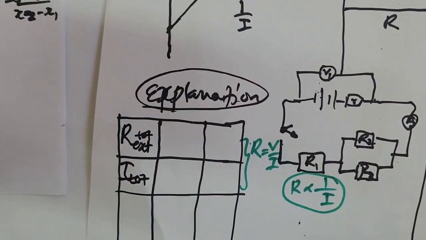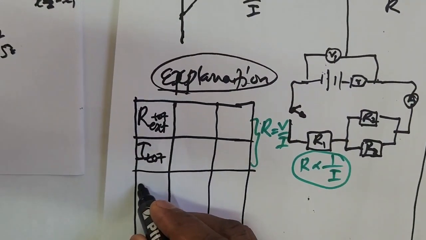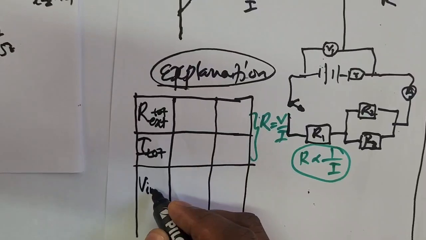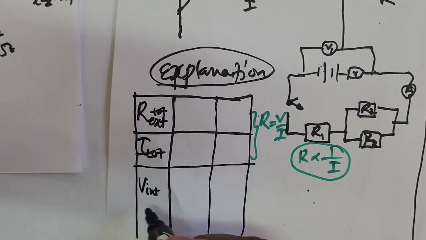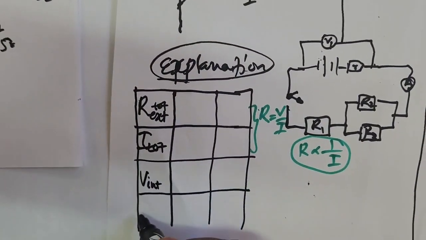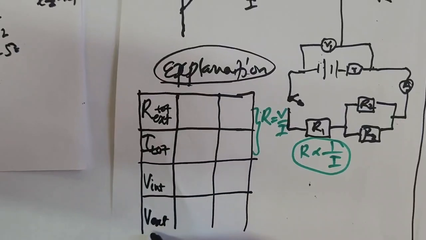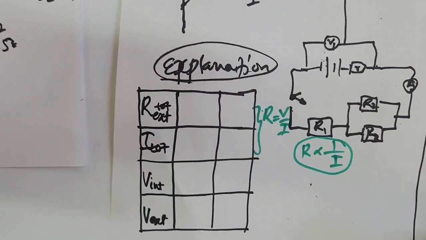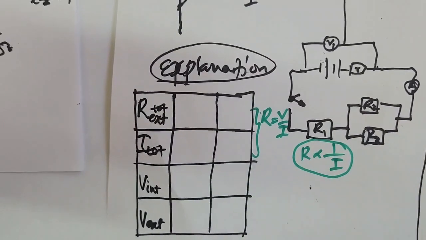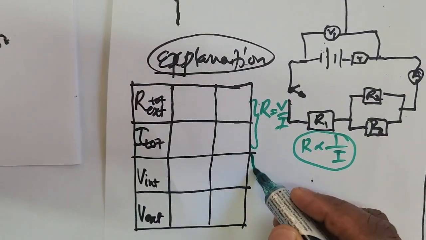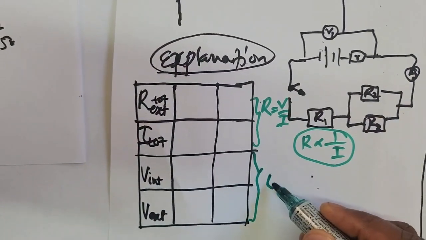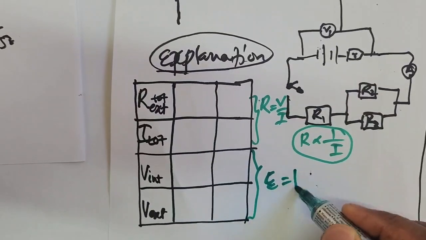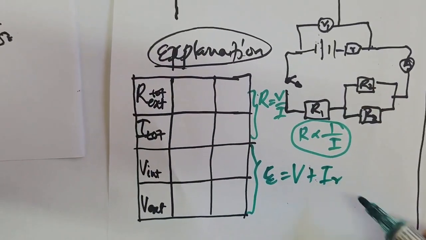And then from here we'll have the V internal, which is your lost volts inside the battery, and the V external, which is your voltmeter reading across the terminals of the battery. Now remember these two use a formula which is EMF equals V plus IR.